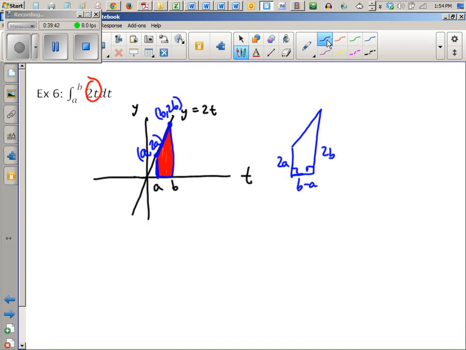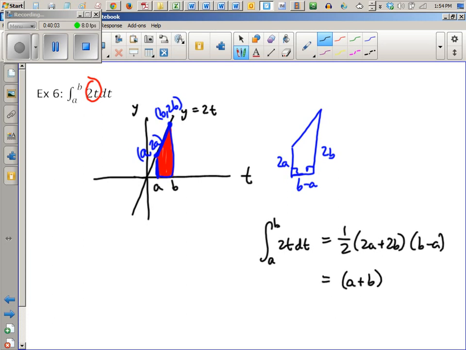Okay, so altogether the area is, and we're not going to write a if we can help it, we're going to try to use our new symbol, right? So the integral from a to b of 2t dt is 1/2 base 1 plus base 2 times height, and this just gives us a plus b times b minus a, which is just b squared minus a squared, like that.